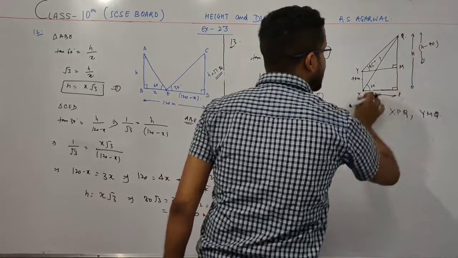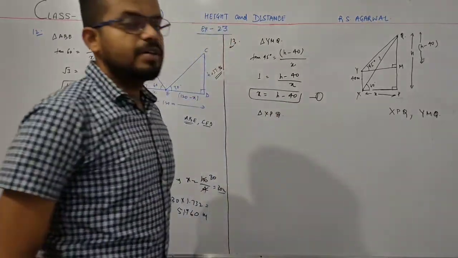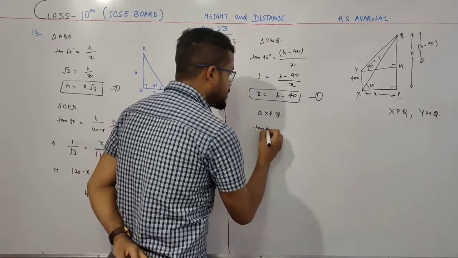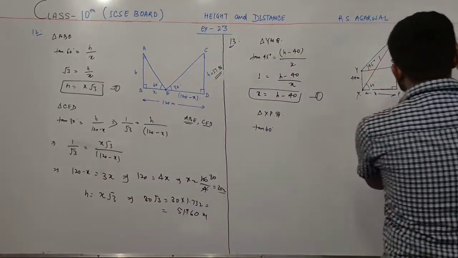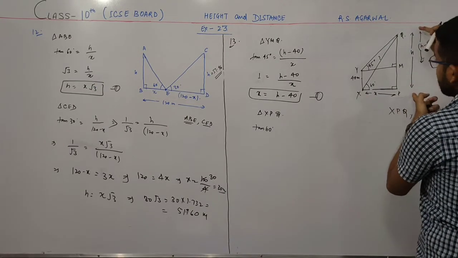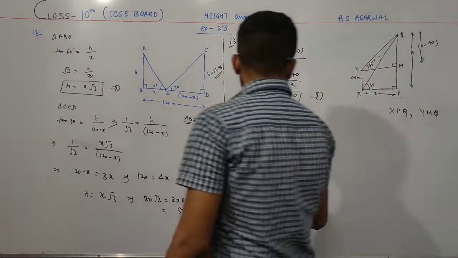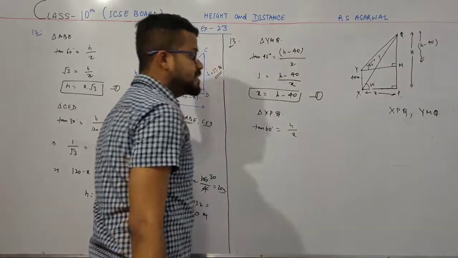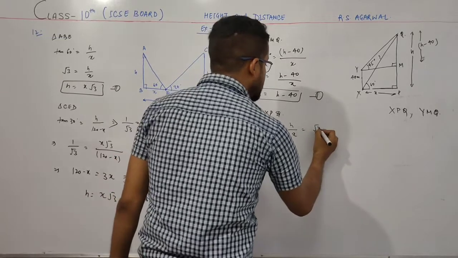Now we use the right angle triangle XPQ, with the trigonometric ratio tan 60 degrees. Why tan 60 degrees? Because this is the height and this is the base, so once we have these values we can easily calculate. Tan 60 degrees equals height h upon base x, and tan 60 degrees is root 3.